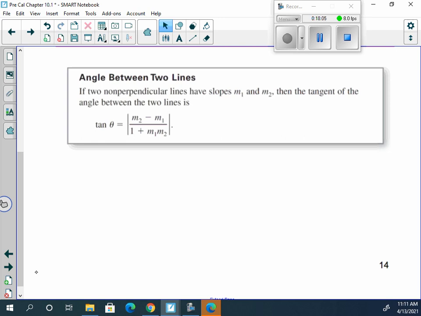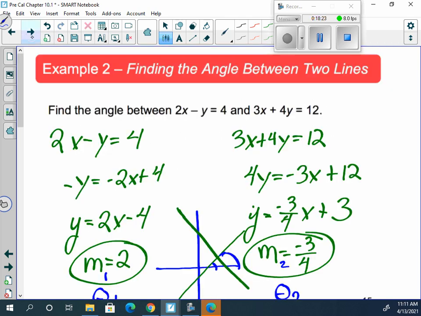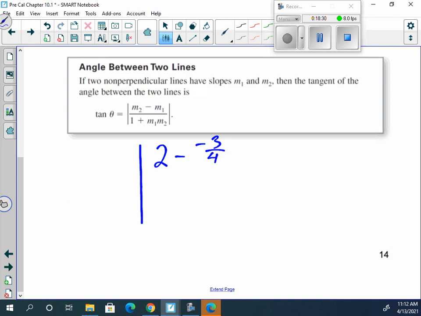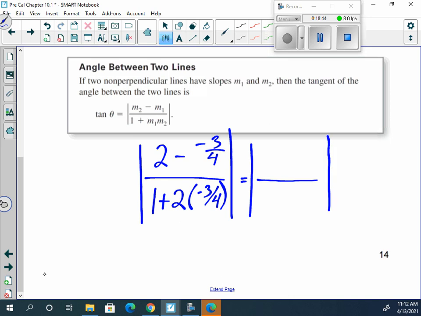Which means we could have flipped M1 and M2 and gotten the same answer for what we just did, because we had negative 3/4... the numerator would have been 8/4 minus... which would have given us 11/4.